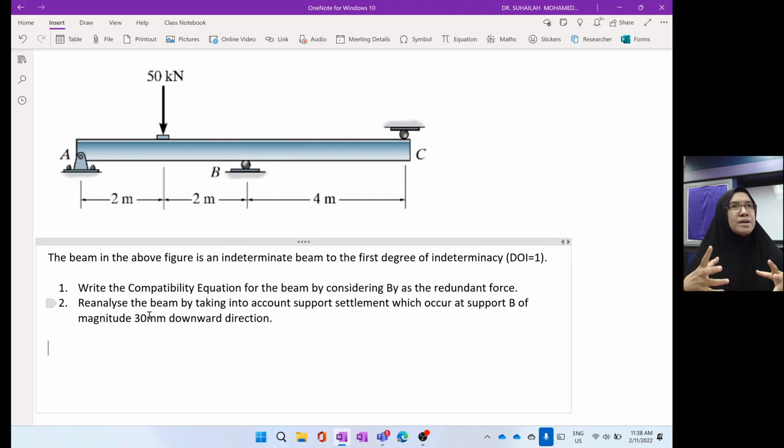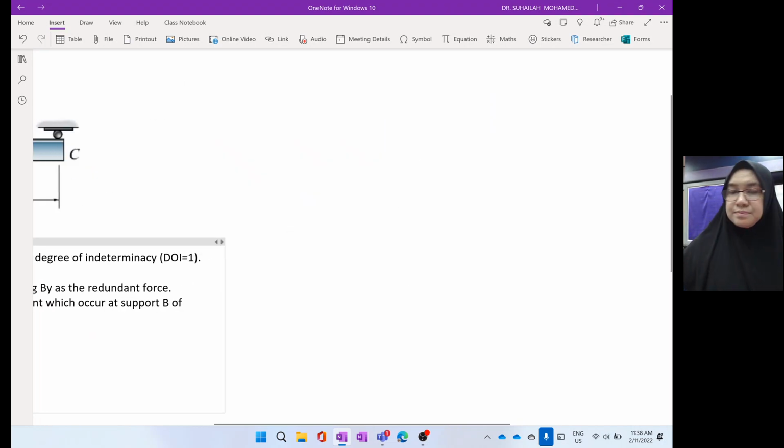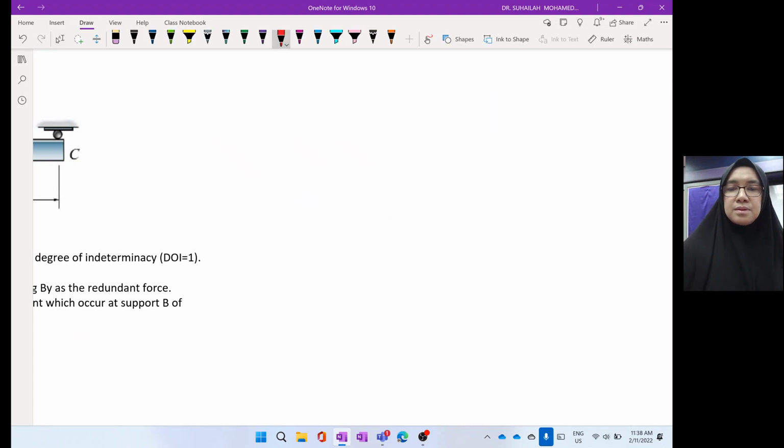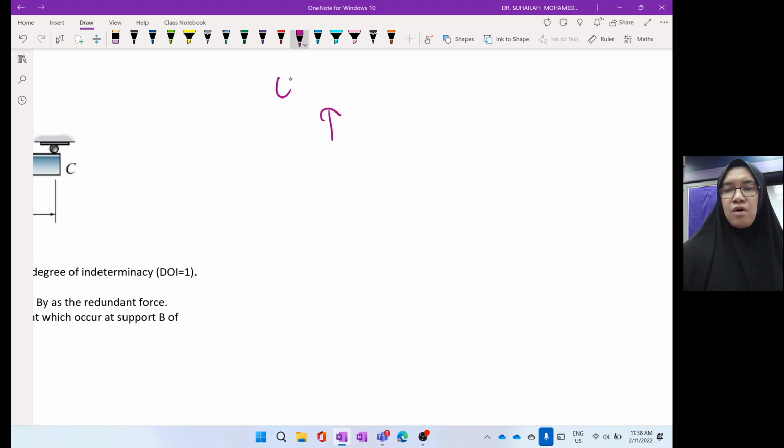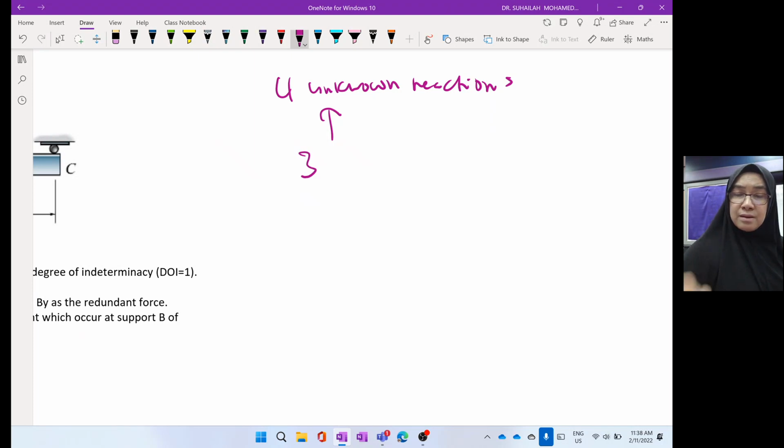Okay, so in order to get the moment equation, what is the step before the moment equation? Okay, on top is 4 unknown reactions, right? The 4 from before, 4 unknown reactions. Okay, we divide into 3.